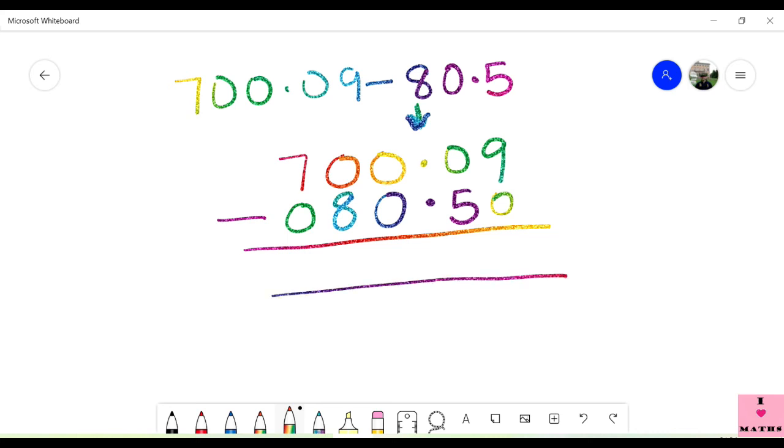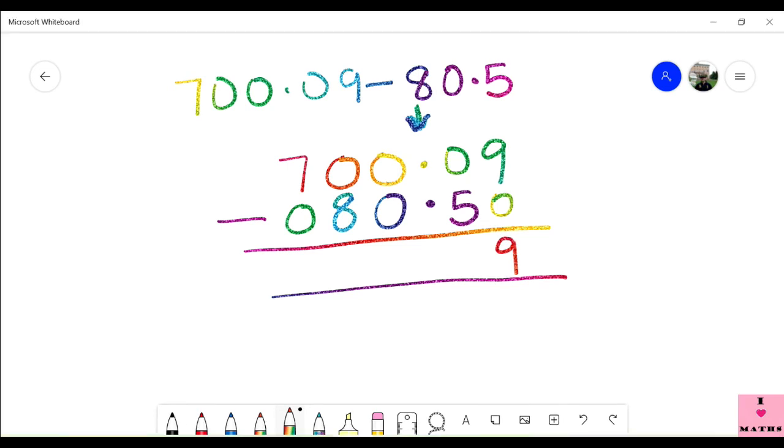Now 9 minus 0 is 9. 5 cannot be subtracted from 0, so we need to borrow. We will borrow from here. This becomes 6 and this becomes 10. This becomes 9 and this becomes 10. Again this becomes 9 and this becomes 10. 10 minus 5 is 5.